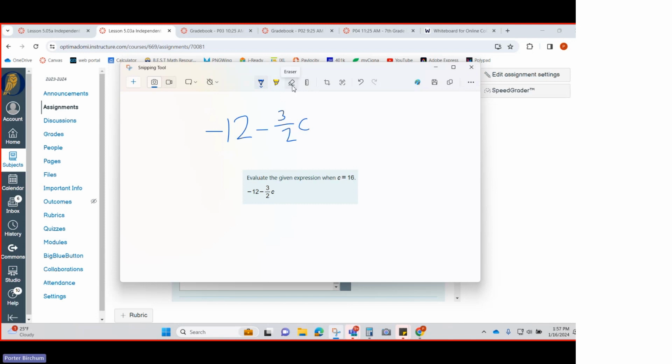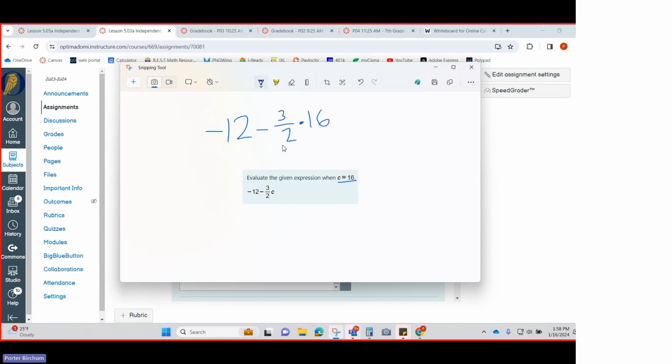Nice. It means you are multiplying. So 3 over 2c is the same as 3 over 2 times c. Now, let's replace this letter with the number the problem tells us to replace it with. If c is 16, what's my answer?